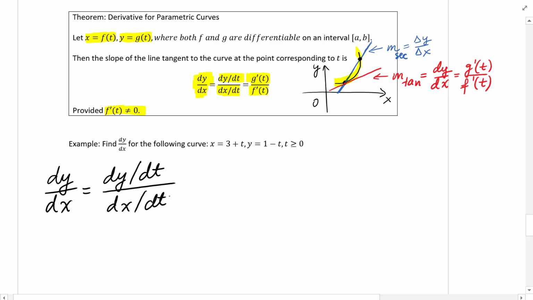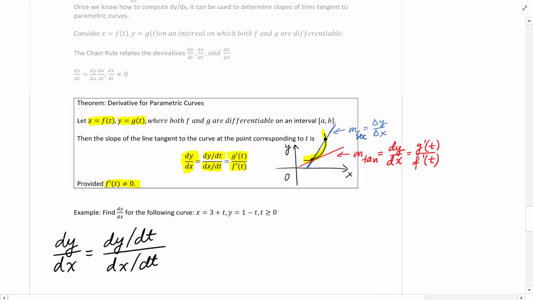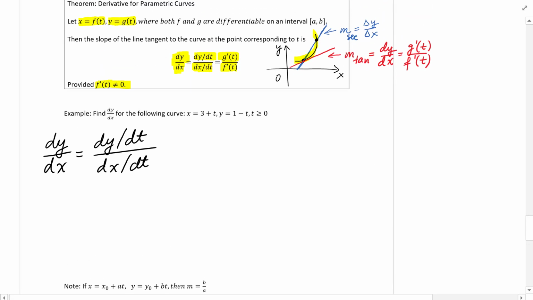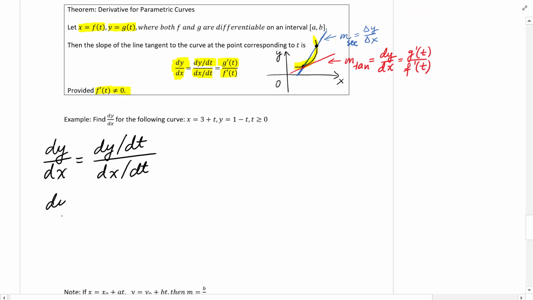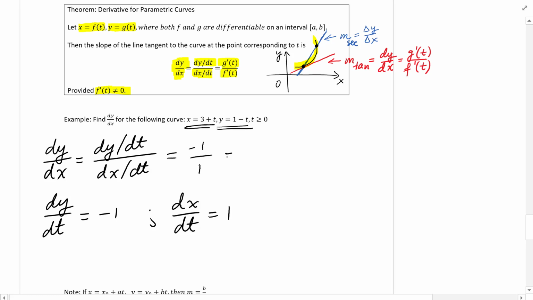I'm going to calculate dy/dt separately, and dy/dt is the derivative of 1 minus t with respect to t, which is -1. dx/dt is the derivative of x with respect to t, it's 1. So the answer for dy/dx is -1 over 1, which means -1.